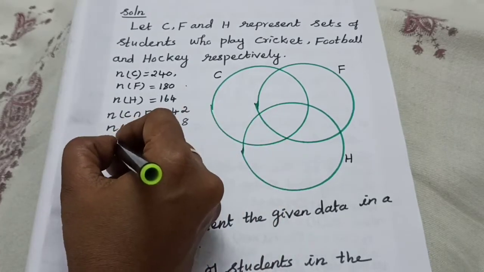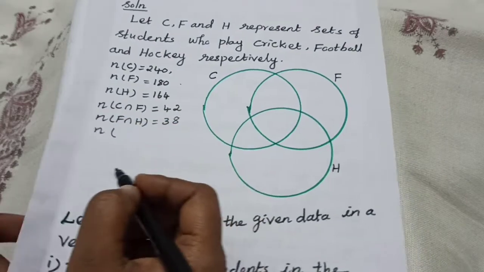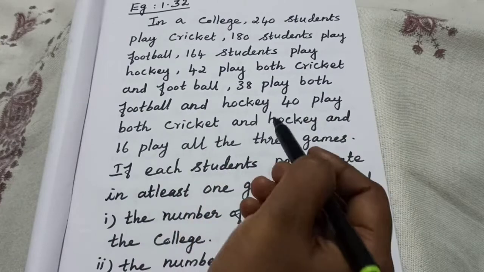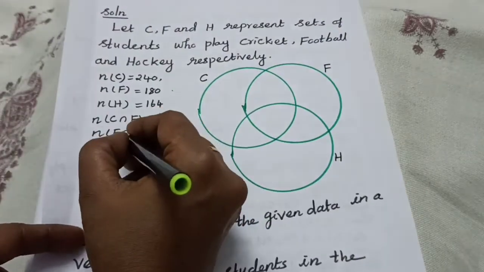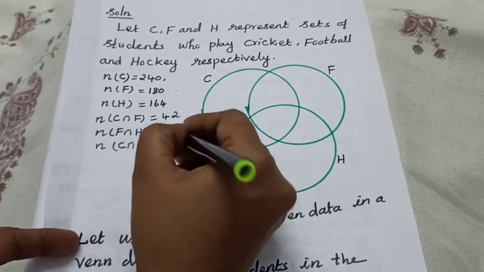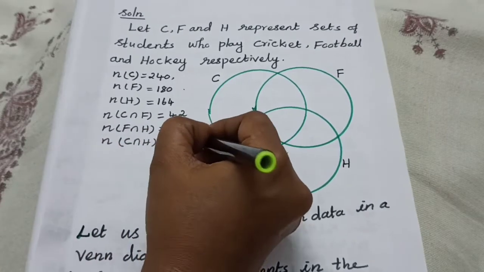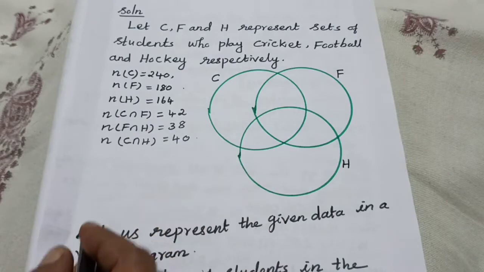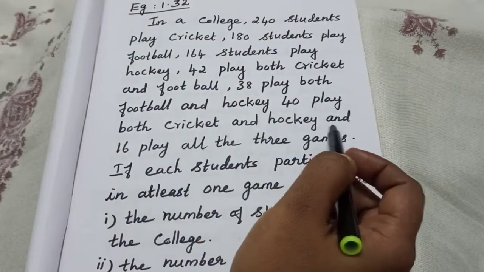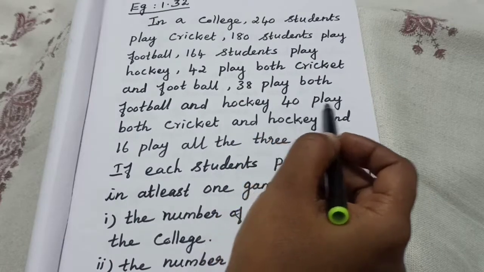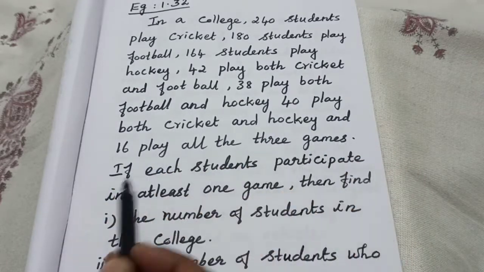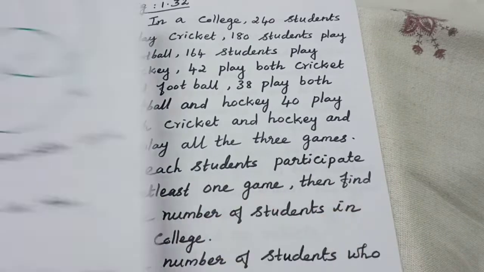Then next, 40 play both cricket and hockey, so C intersection H is equal to 40. Again, 16 play all the three games.